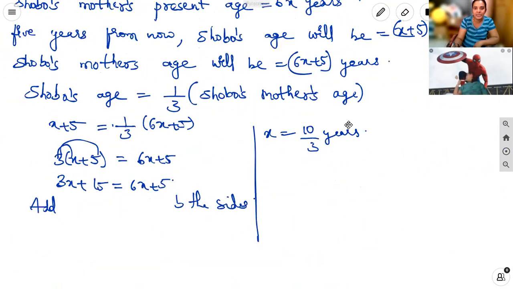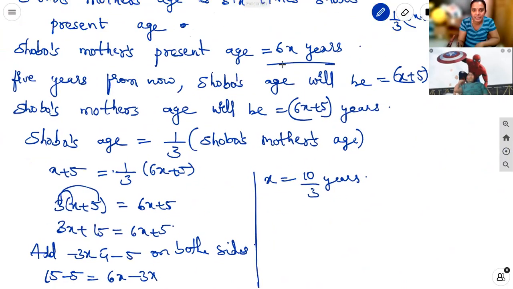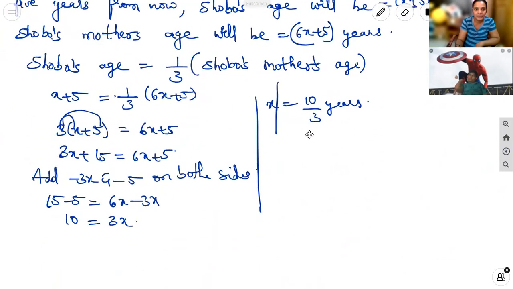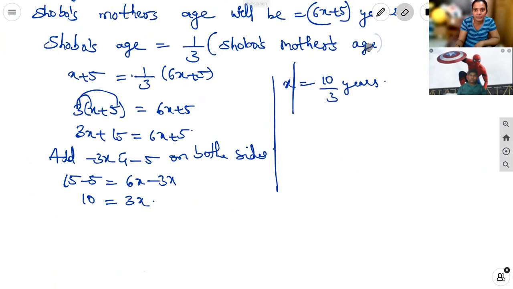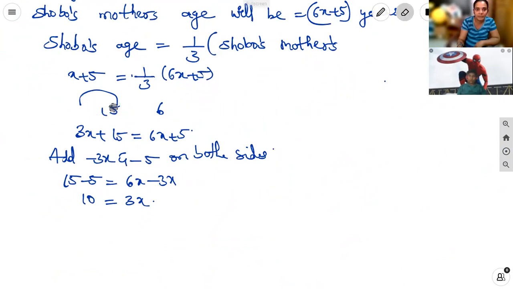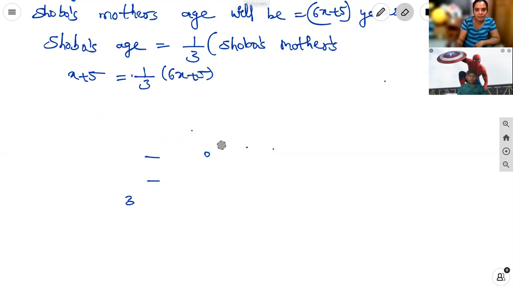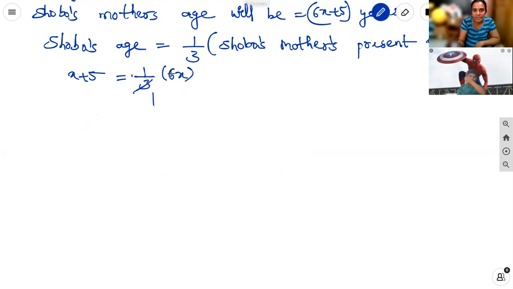The mother's present age is 6x. 3 ones are 3, 3 twos are 6, so x plus 5 equals 2x.